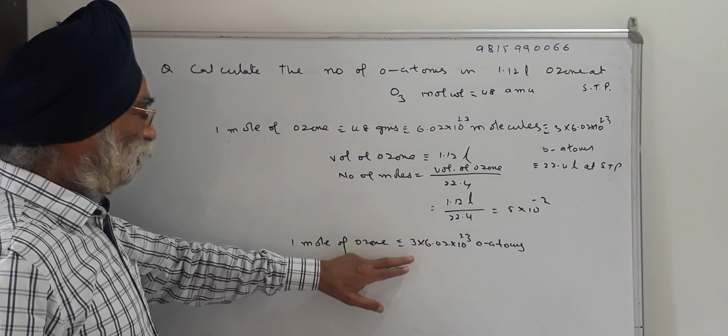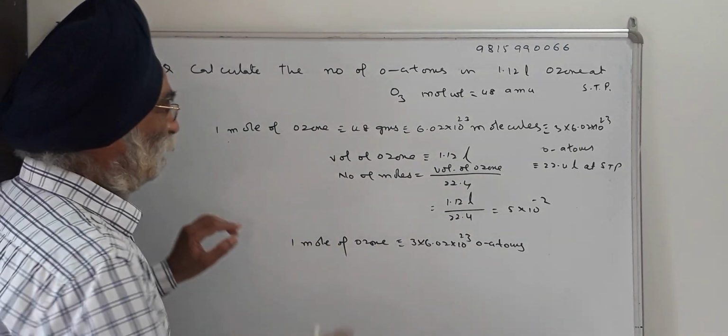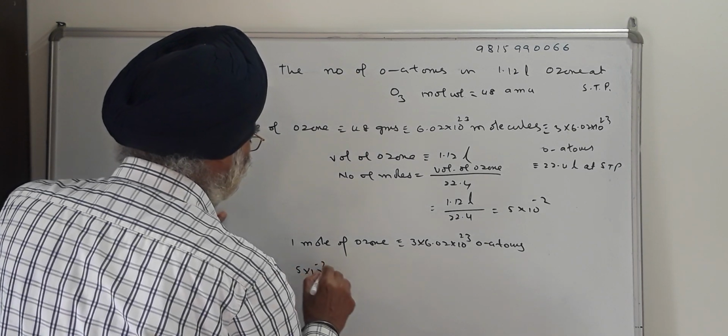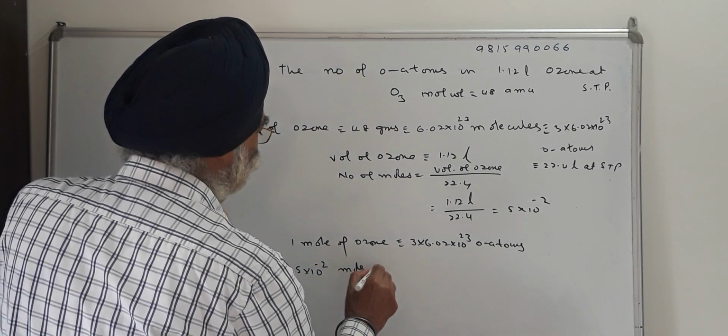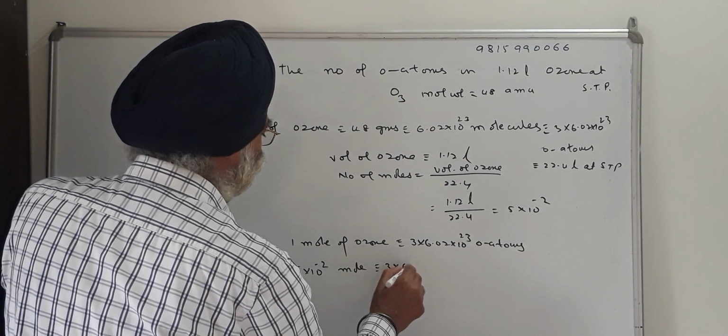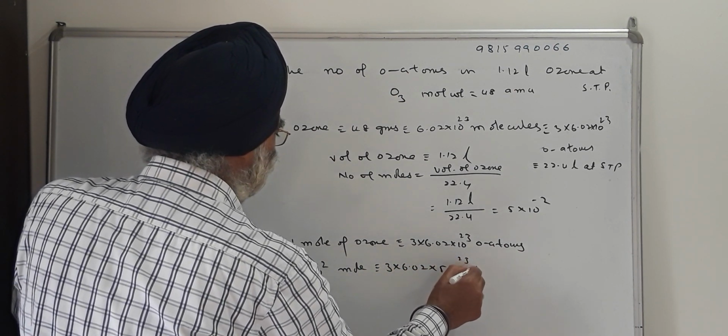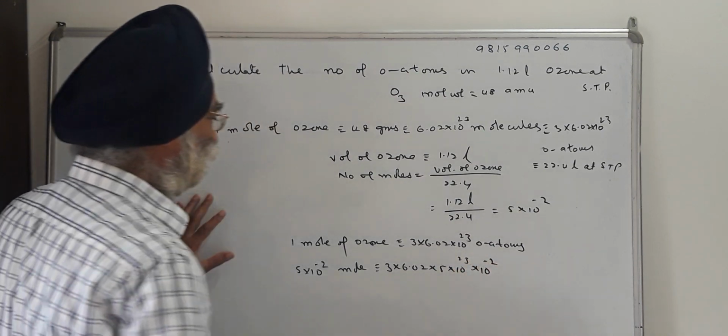1 mole of ozone, 5 into 10 raised to the power minus 2 mole, 3 into 6.02 into 5 into 10 raised to the power 23, into 10 raised to the power minus 2.